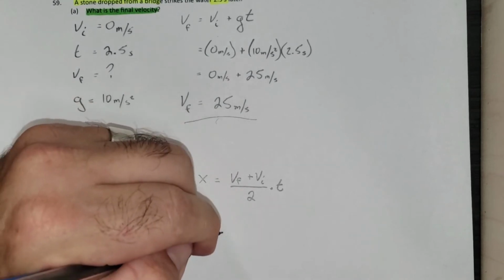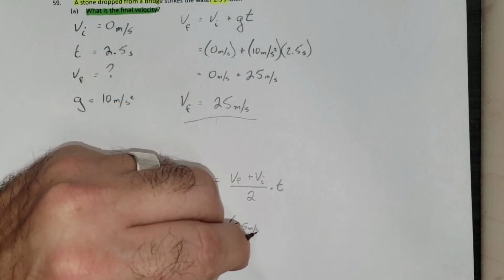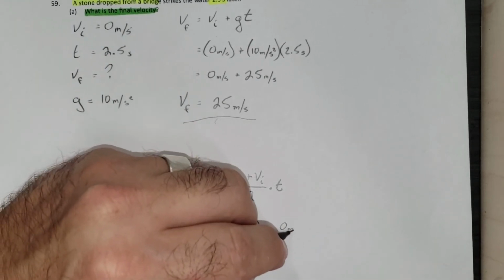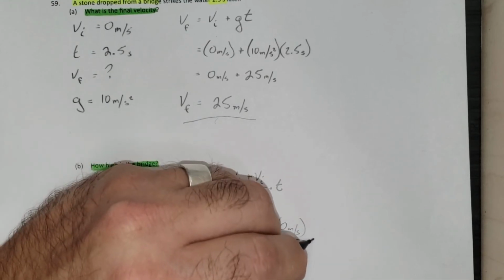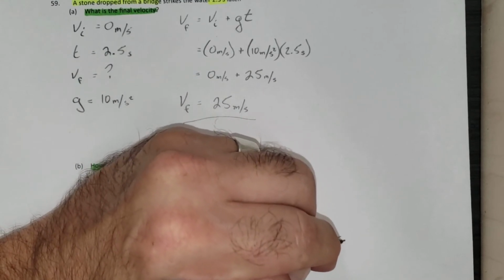So when we substitute our values in, final velocity is 25 meters per second. Initial velocity is 0 meters per second. This is divided by 2, and we multiply by time, which is 2.5 seconds.